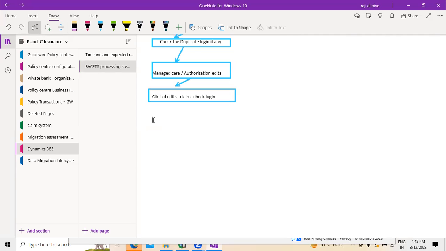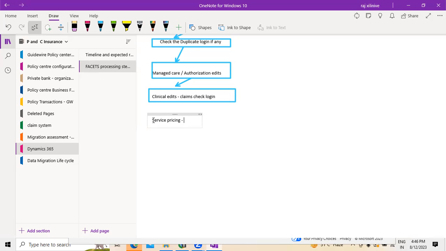So depending on what services that particular policy belongs to, at the same time the prices will also vary. So once the clinical edits and claim check login are done, we need to mention the service pricing.